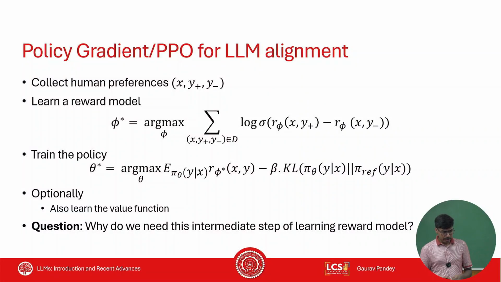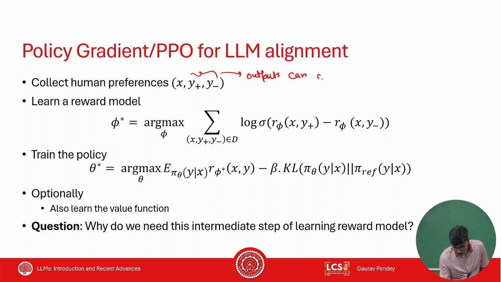Okay, before that, let's recall what policy gradient and PPO training objective look like. So the first step was you collect a lot of human preferences. These outputs can come from any language model or even human.